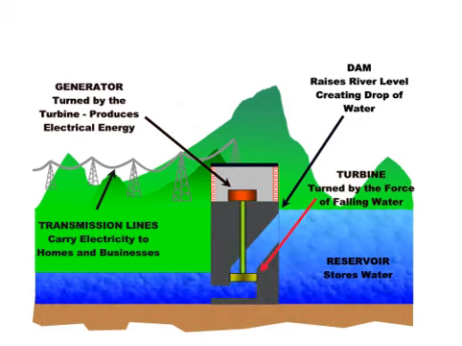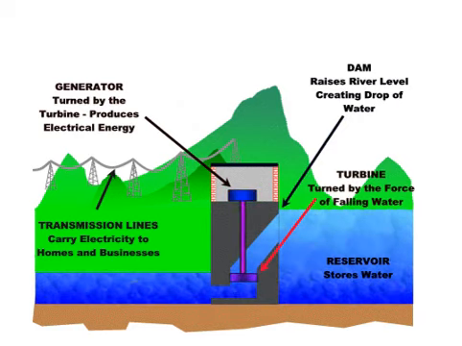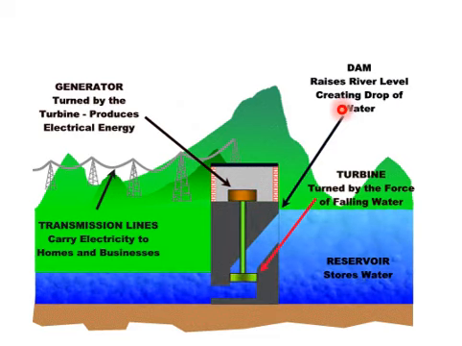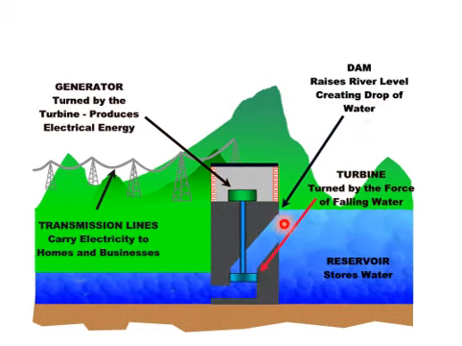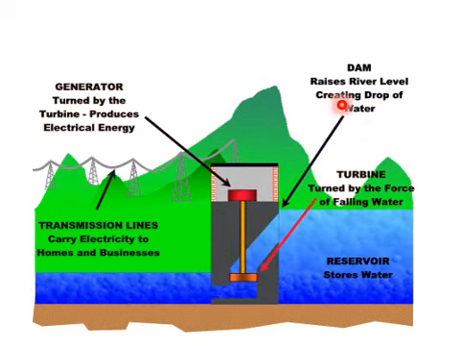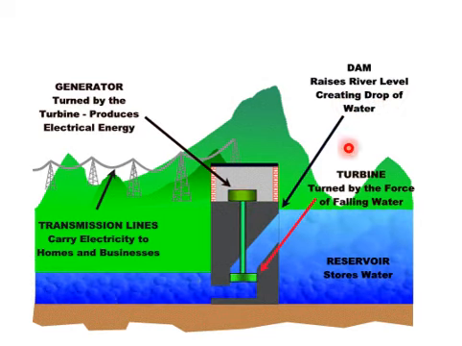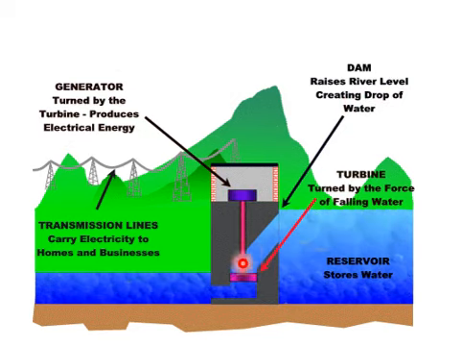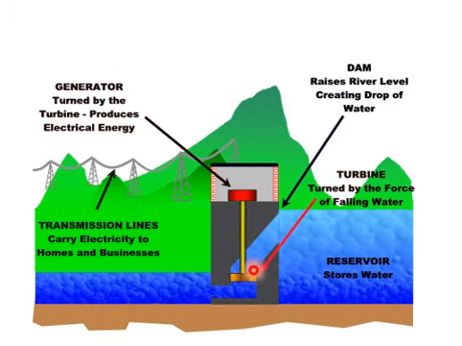This shows how a dam works. A dam basically raises the river level so as to create a drop of water. As you can see, the drop of water is created.